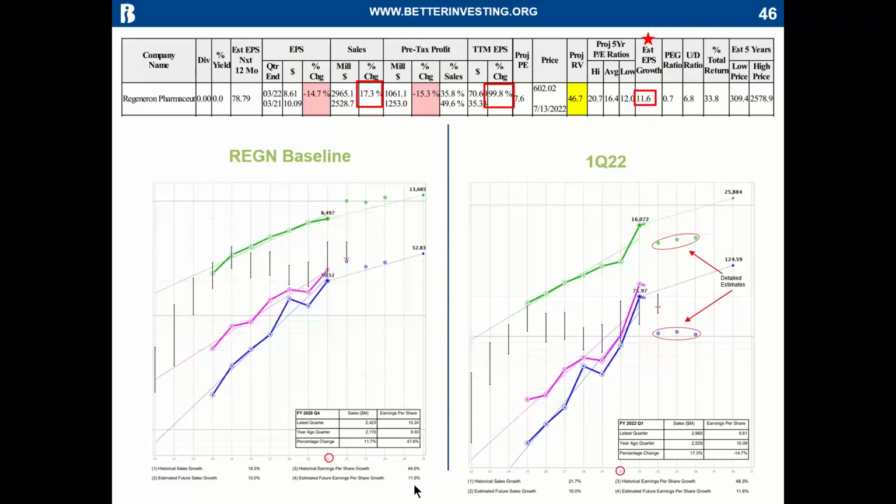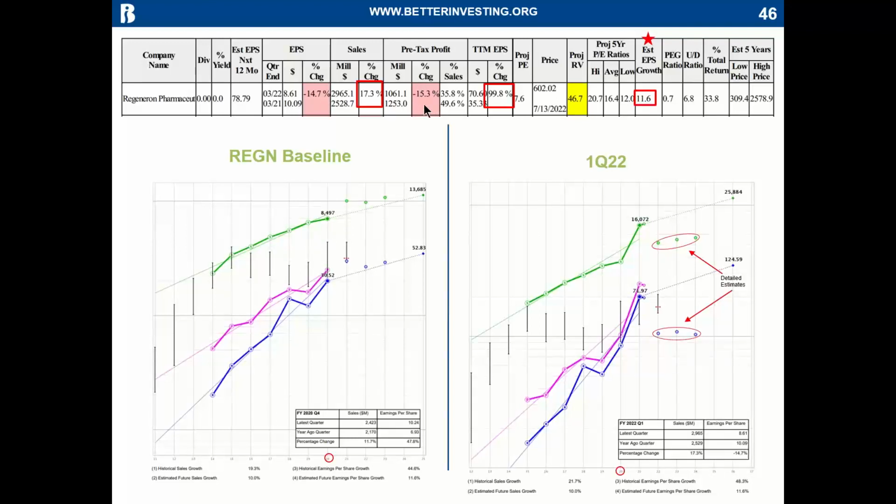Now, what PERT allows you to do is to identify companies that are not meeting your growth expectations. So you can see on the left, those pink highlighted boxes are where Regeneron is not meeting my estimated earnings per share growth expectations of 11.6.